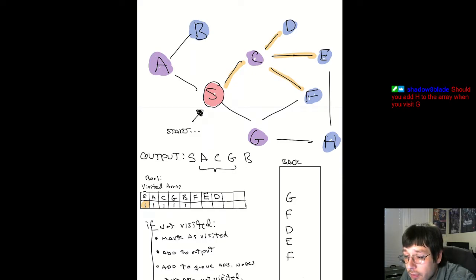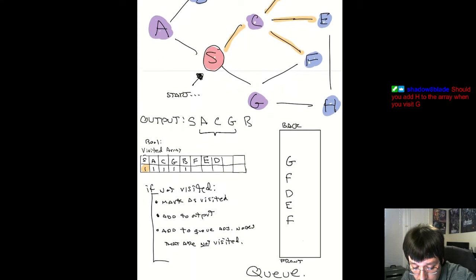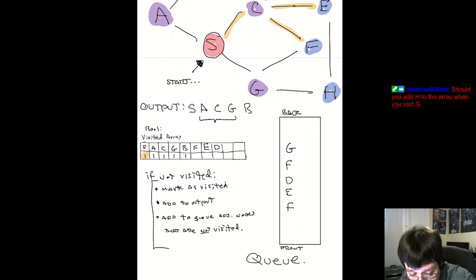Should you add H to the array when you visit G? Oh yeah, I didn't add it, did I? My bad. When did I visit G? Let's see. I just visited A before this, so A added nothing.